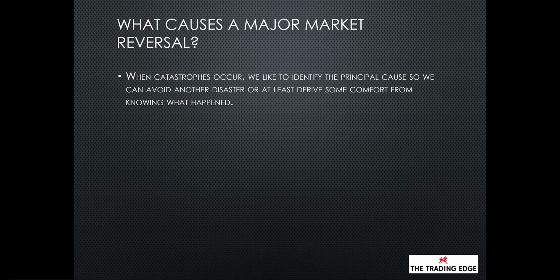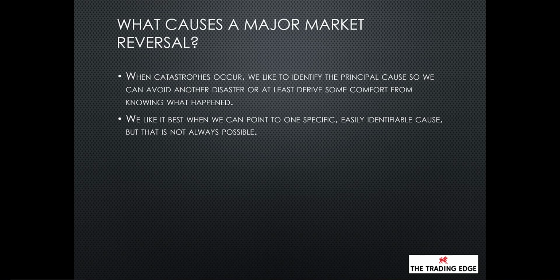We may not have been able to avoid some of these disasters. Certainly, I think all of us have been caught up in some bad trades or in some bad markets where price went against us. But it feels comfortable knowing after the fact that we could at least identify why it happened. But here's the challenge.